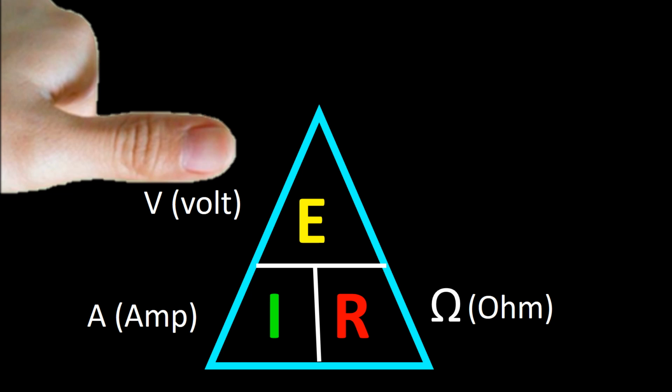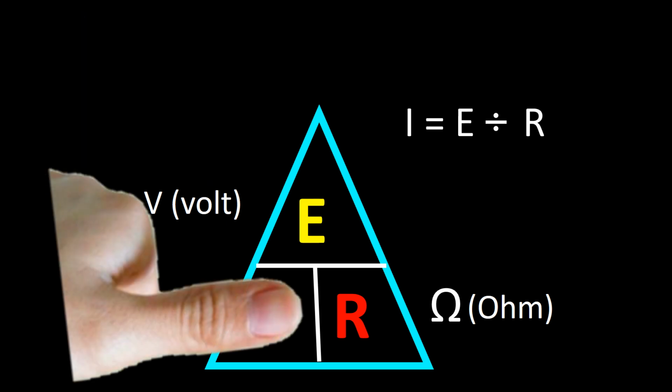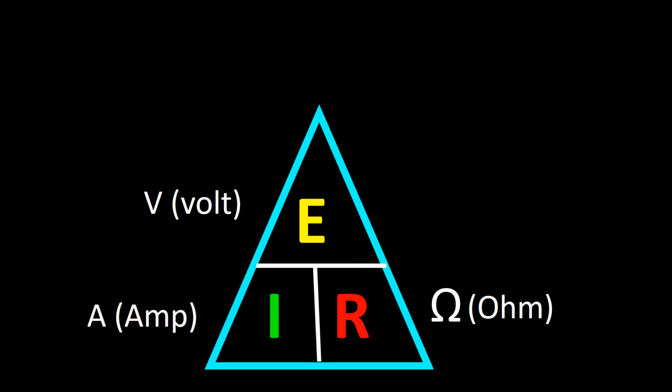Now let's look at another example. To work this equation, we cover the letter I because it is before the equal sign, as you can see. The expression after the equal sign matches the operation suggested in the triangle. And now let's look at the last example.